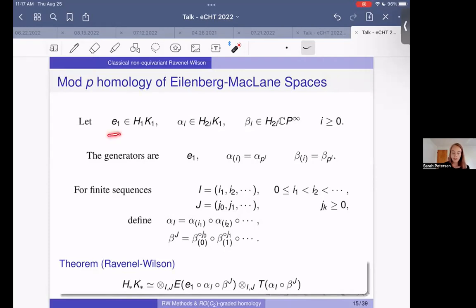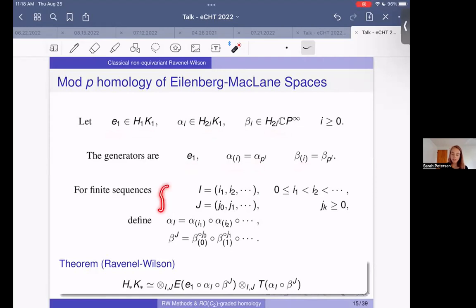Well, letting E1 be in the degree 1 homology of K1, alpha i in the 2i homology, and our generators beta i living in degree 2i of CP infinity, then our generators are going to be E1, alpha parentheses i defined as alpha P to the i, and beta parentheses i defined similarly.